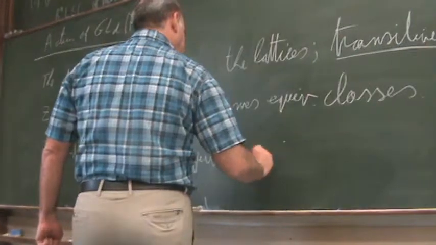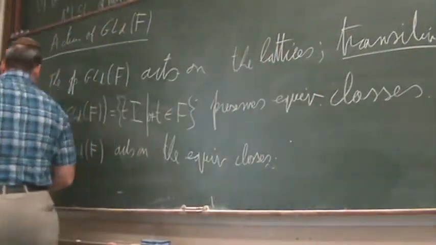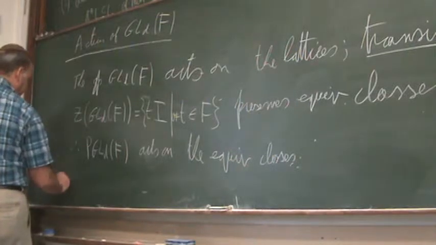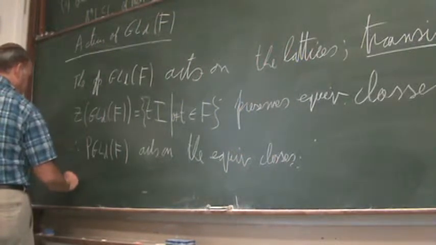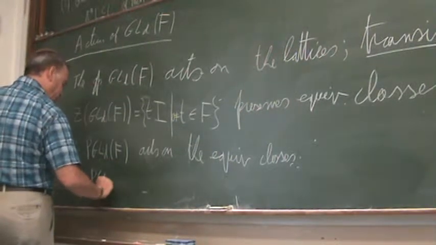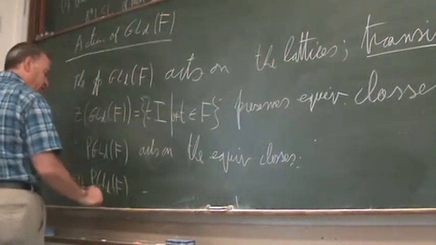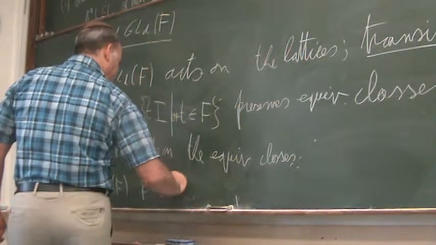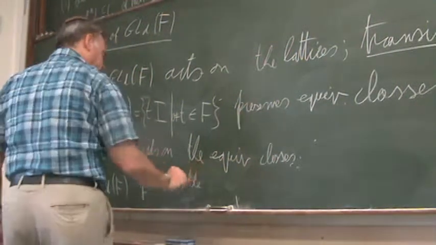I can say it now, an easy claim, easy exercise, I'll just explain it. PGL_d(F) preserves the combinatorial structure.